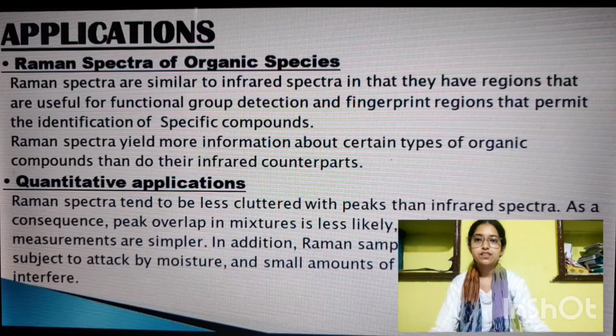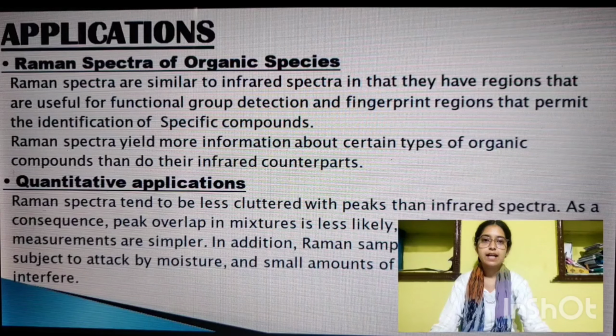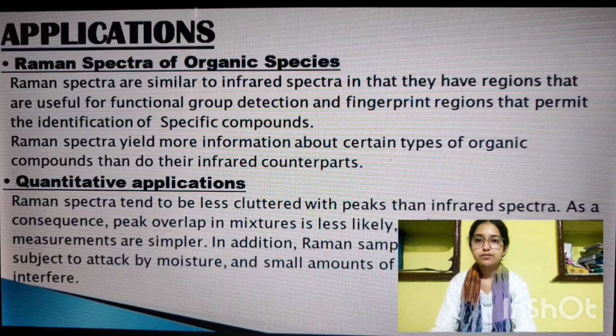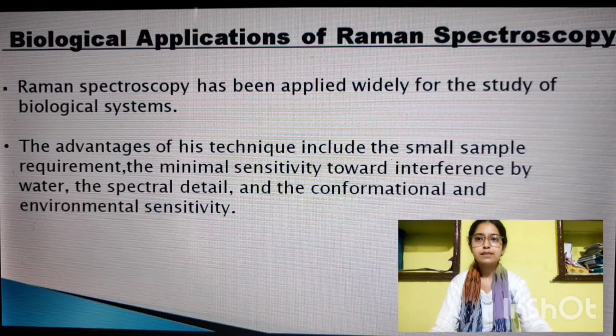Raman spectra tend to be less cluttered with peaks than infrared spectra. As a consequence, peak overlap in mixtures is less likely and quantitative measurements are simpler. In addition, Raman sampling devices are not subject to attack by moisture, and small amounts of water in a sample do not interfere.